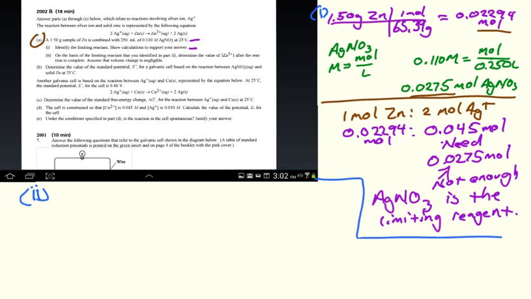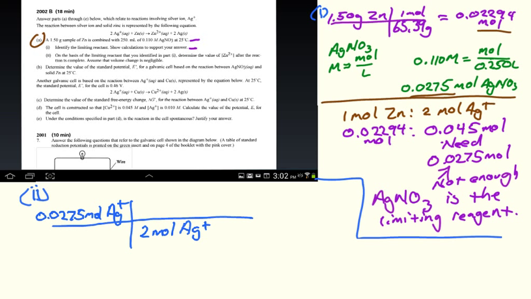Then in part 2 of A, they want to know, on the basis of the limiting reactant, determine the concentration of zinc after the reaction is complete. So since silver nitrate was our limiting reactant, we are going to start with 0.0275 moles of silver nitrate, or silver ion, and we are going to have a mole ratio of 2 moles of silver ion to 1 mole of zinc ion on the other side over here.